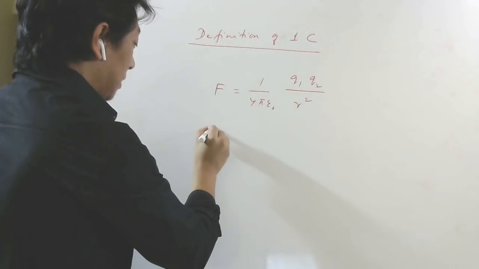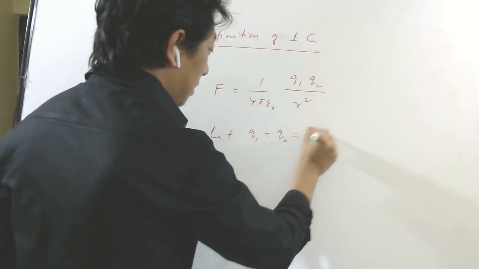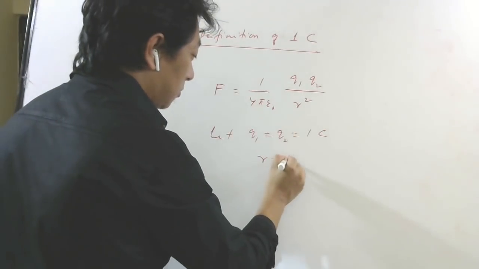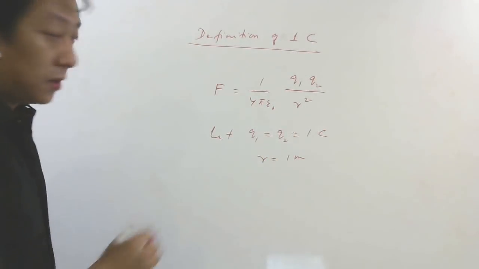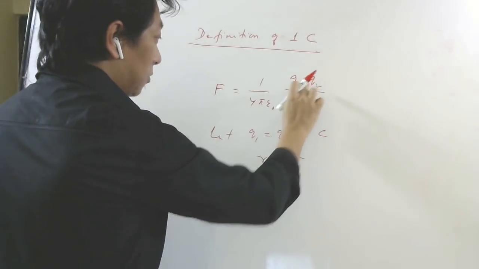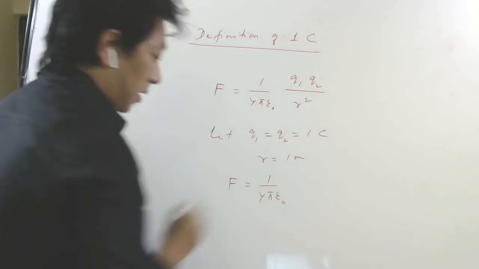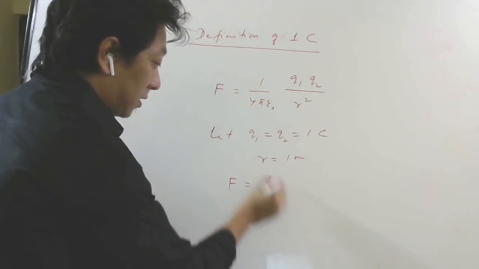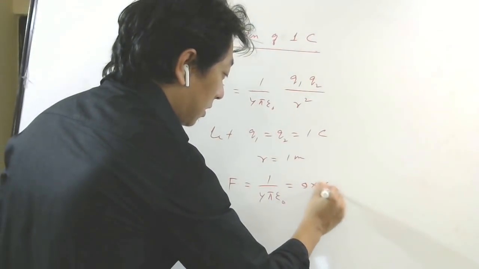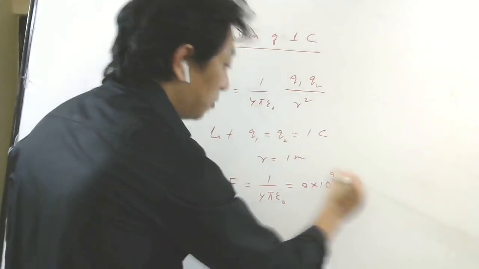Let us say that q1 and q2 both be equal to 1 coulomb, and let's say the distance between them is 1 meter. Then what will be your F equal to? This is 1, this is 1, this is also 1. So what is left? 1 by 4 pi epsilon naught. And the value of this, as I discussed in the previous video, is 9 into 10 to the power 9, and since the left side is force, it must be Newton.